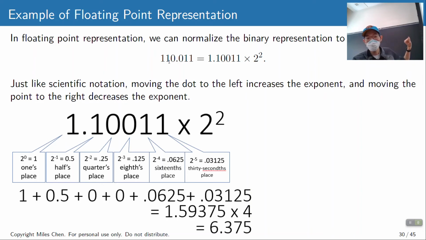If I move this binary point over 2 spaces, to get back to my original value I have to multiply by 2 to the 2. Okay, because now we're in a base 2 system. So when I move the binary point, I'm multiplying either by a factor of 2 or dividing by a factor of 2.